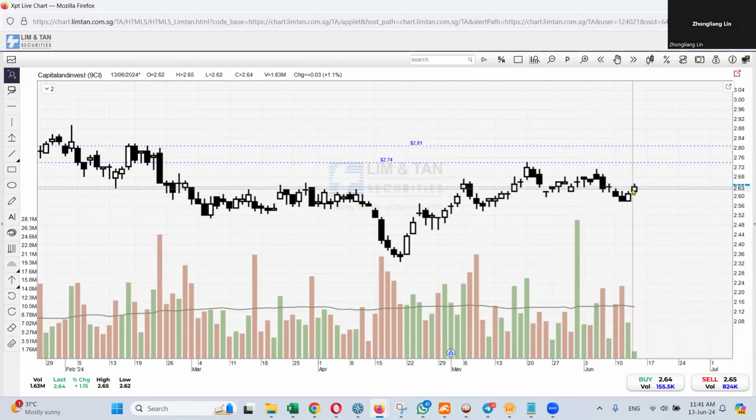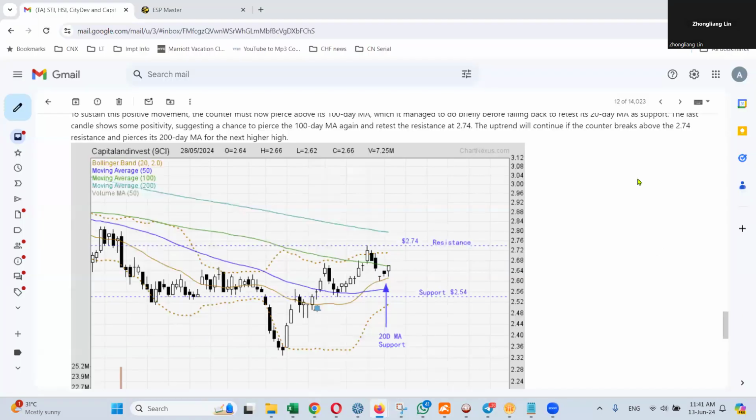So it tried to rebound here, and if this is a dead cat bounce, which means that the downtrend is likely to continue, then you will come back to this low at 258 and break down lower and continue lower. So it will be a challenging time for the property developers so far.